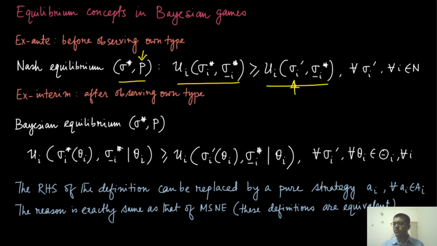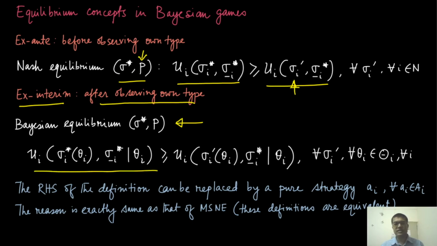On the other hand, when we talk about the ex interim setting where the players have observed their own type, then the equilibrium concept that we will be discussing is called the Bayesian equilibrium. The only thing that changes is the utility. Instead of being an ex ante utility, it becomes an ex interim utility.